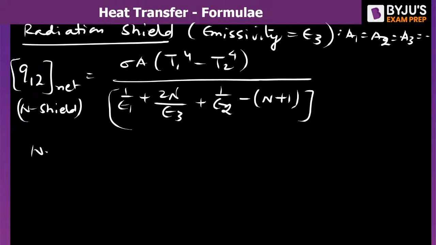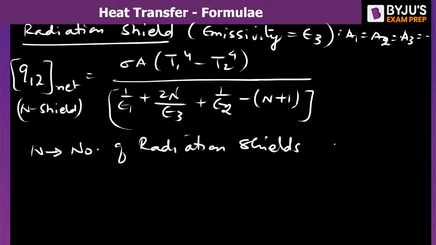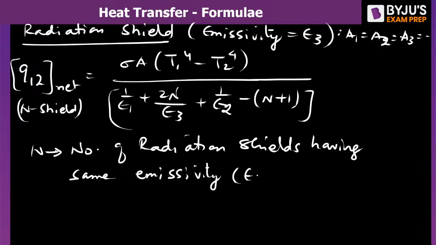Where n is the number of radiation shields having the same emissivity epsilon 3.